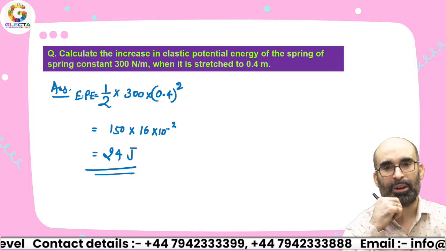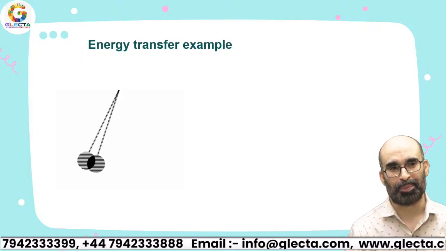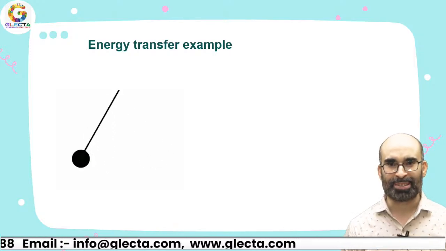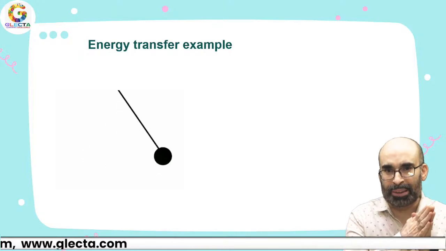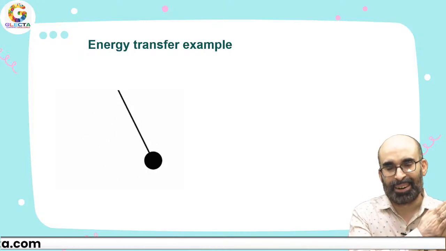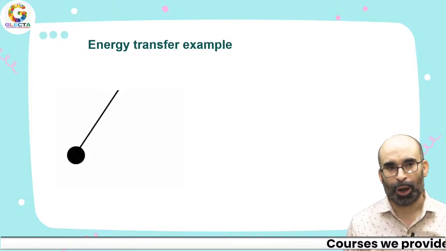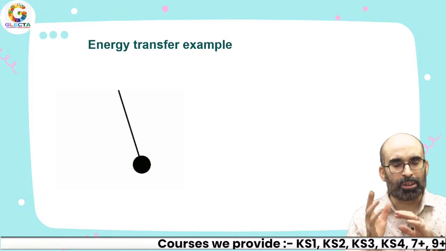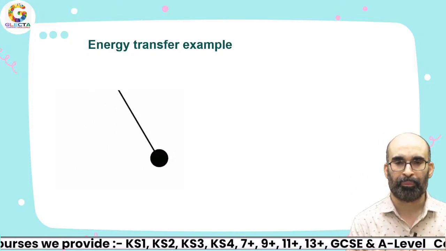Now let's move further and talk about an energy transfer example. What is this? Simple pendulum. The pendulum swings sideways, right? There are two questions. Could you please explain the transfer of energy, from which energy store to which?